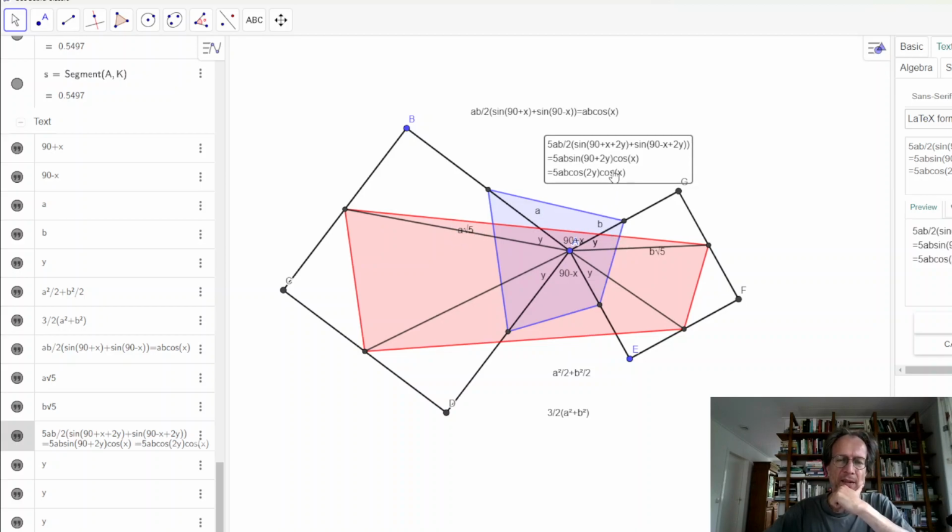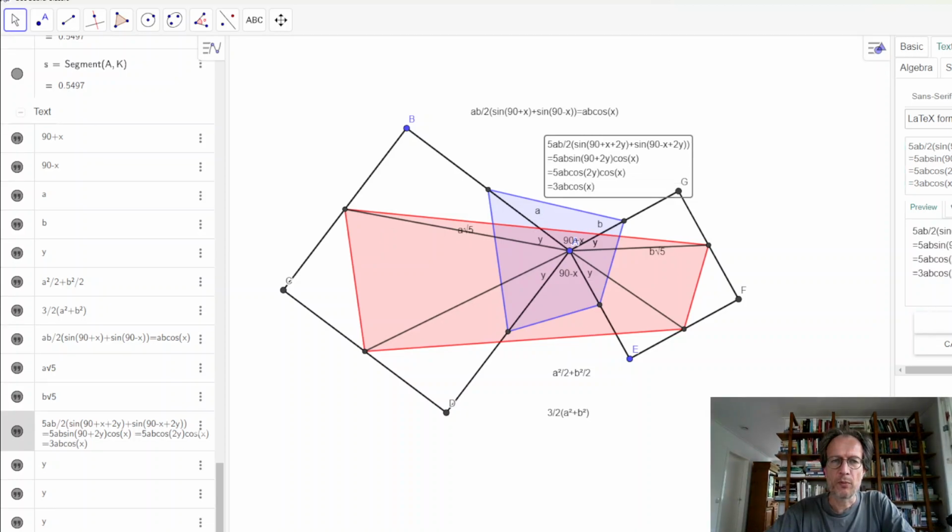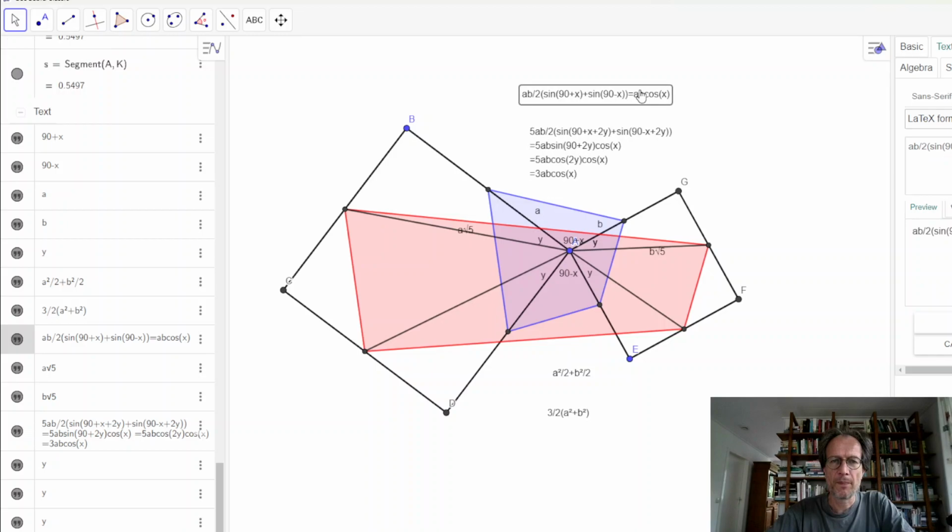So you can again use some trigonometric formulas to find that the cosine of 2y is 3/5. So this calculates to 3/5 times 5ab, which is 3ab cosine x. Yes, we have used simple trigonometry for that.